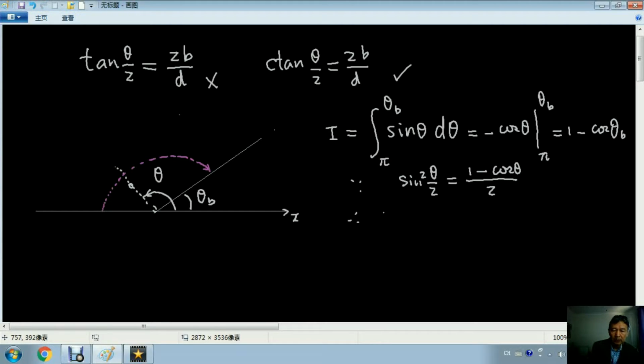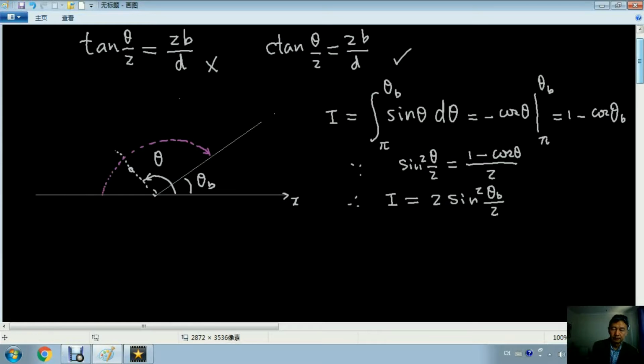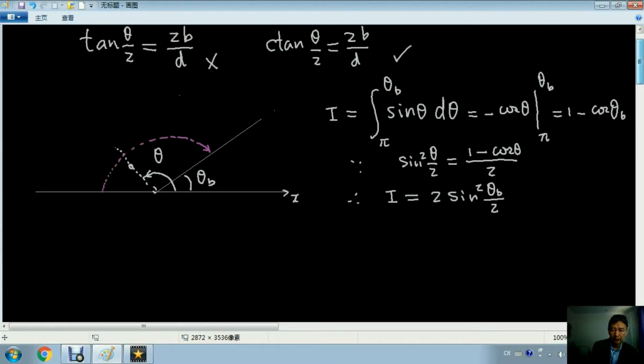Therefore, the integral we have can be written as 2 sine square theta b divided by 2. But this is incorrect.